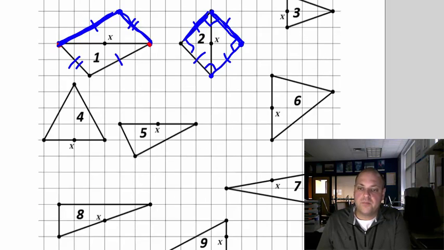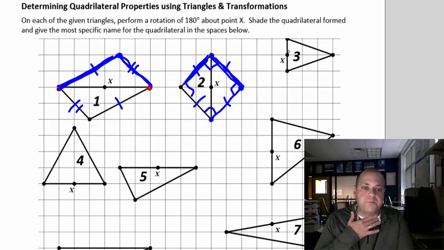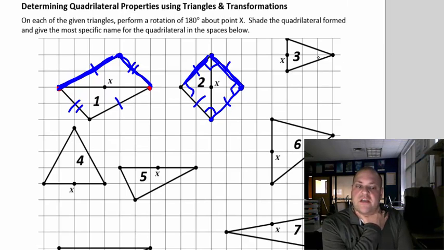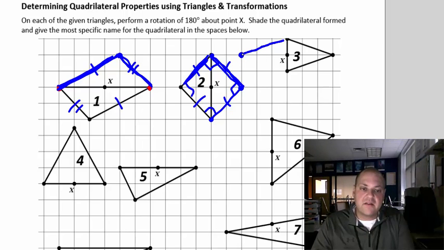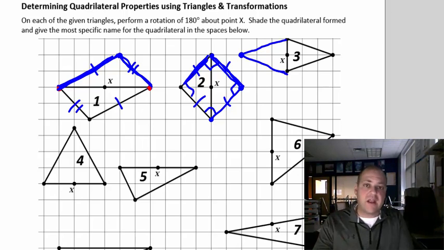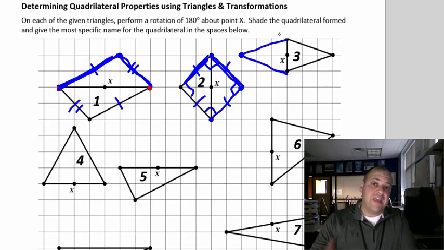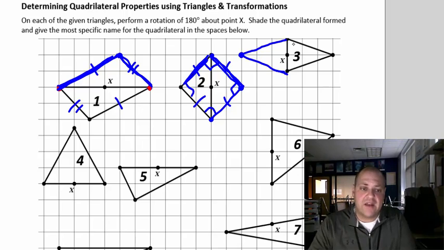All right. Number 3, looks like we just have to go 3 units to the other side. Boom, boom, boom. Right there. And then connect. Pretty easy, right? And what got created? Well, we don't have right angles, so it can't be a rectangle or square. It's either a parallelogram or a rhombus. If we have equal sides, it's a rhombus. And it looks like we do.